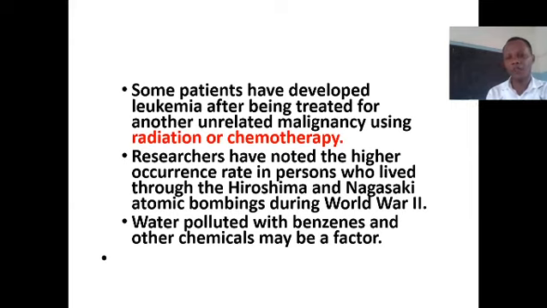Researchers have noted a higher occurrence rate in persons who lived through the Hiroshima and Nagasaki atomic bombing during World War II. Water polluted with benzenes and other chemicals may also be a contributing factor to the development of leukemia.